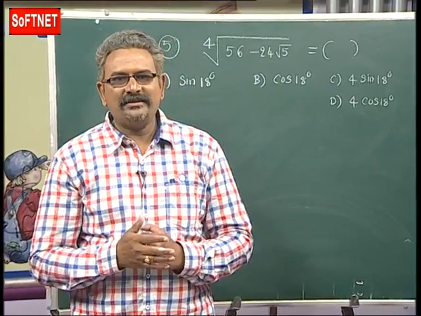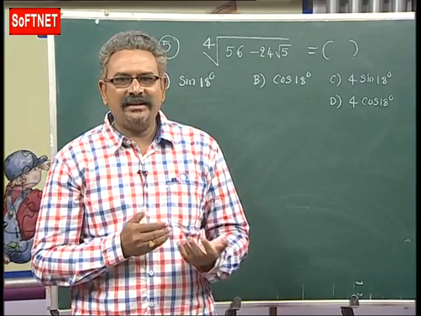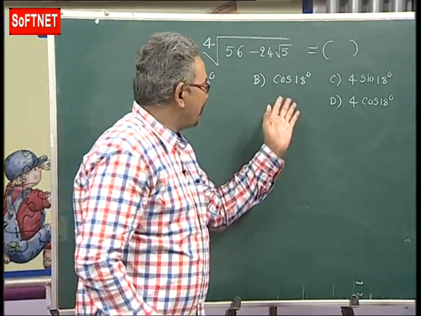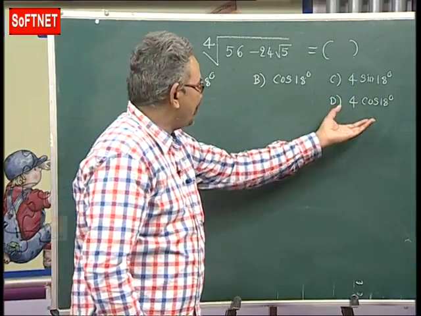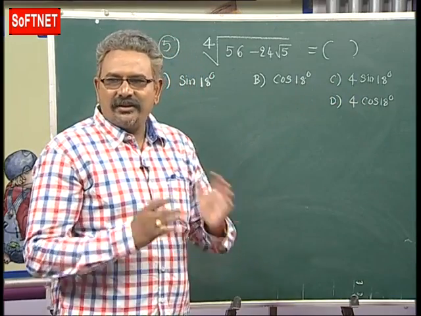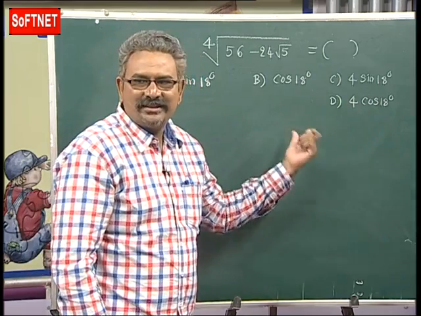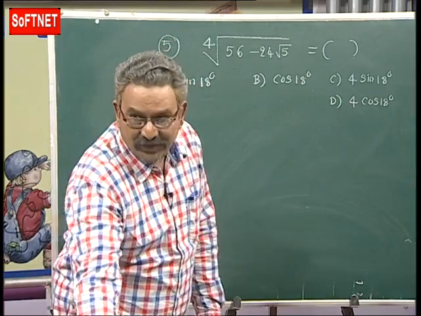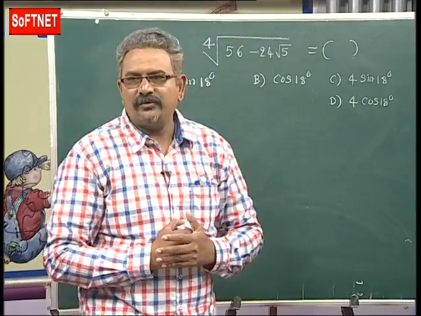So that means we shall be familiar with the values of sin 18 and cos 18. Then after that only we can decide which option is correct. So that's why first let us find out, I will explain how to find out the fourth roots.